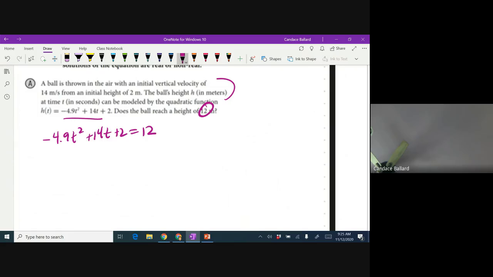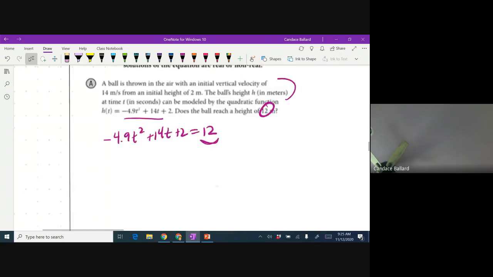Can you tell me in the chat, please? So to solve a quadratic, what number does it have to be equal to on this side? Always. Good job. Oh, it's got to be equal to 0.